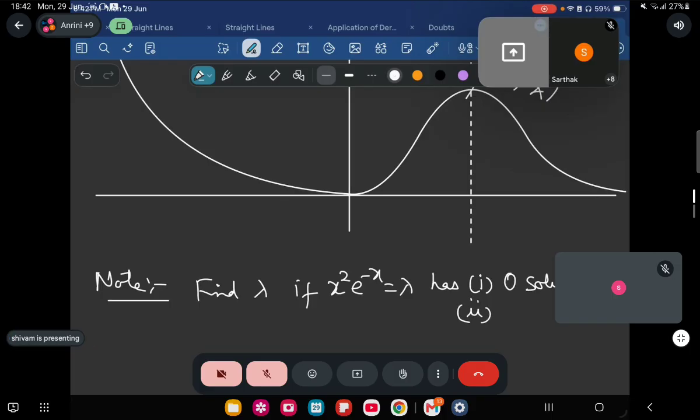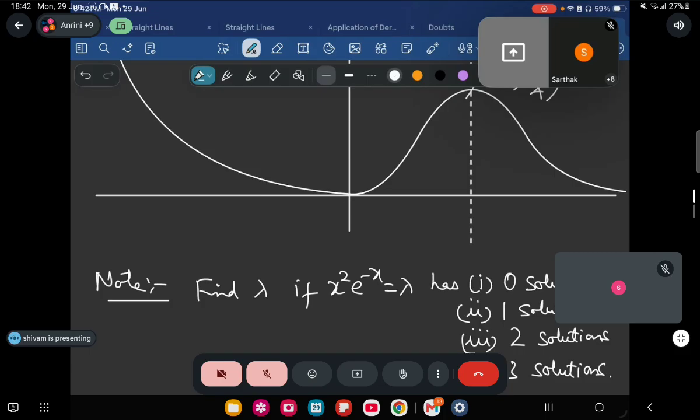Number two, one solution. Number three, two solutions. Number four, three solutions.